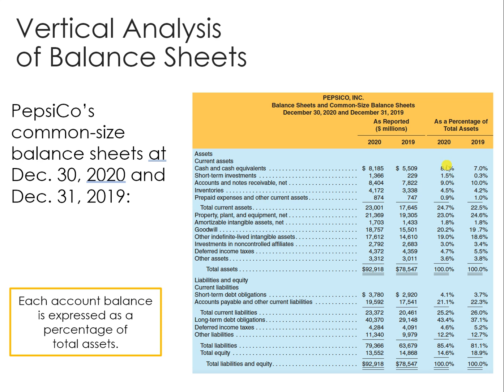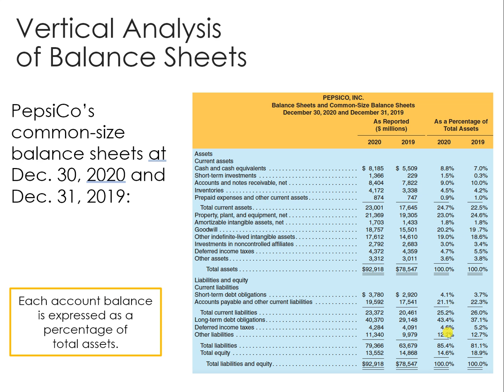So what are the percentages? For example, cash and equivalents is 8.8% for 2020, and 7% for 2019. See, the cash, in terms of percentage, increased a lot, significantly, right?